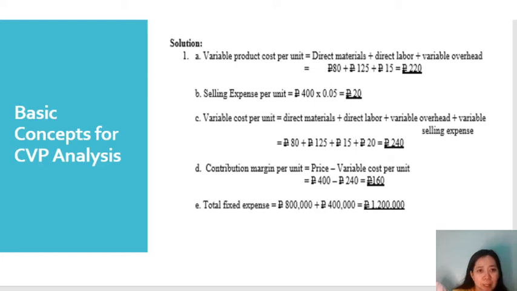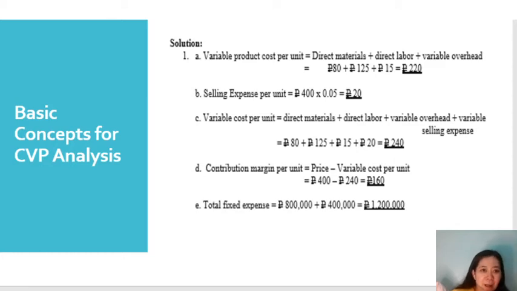We all know that when we say product cost, we will include only those manufacturing costs, that is your materials, labor, and factory overhead. But in this case, we will only include in our computation those which are variable in nature because the question is variable product cost per unit. So the answer will be 220 pesos. You only have to add those items.